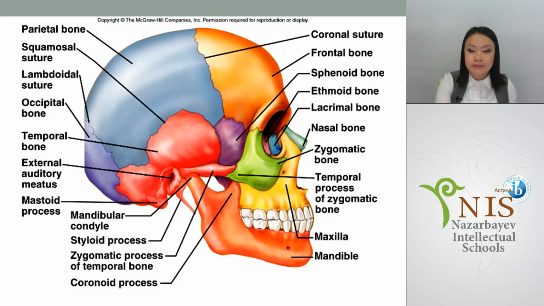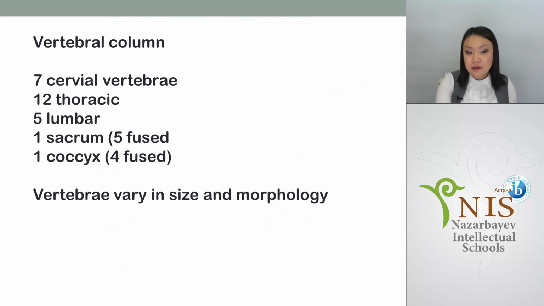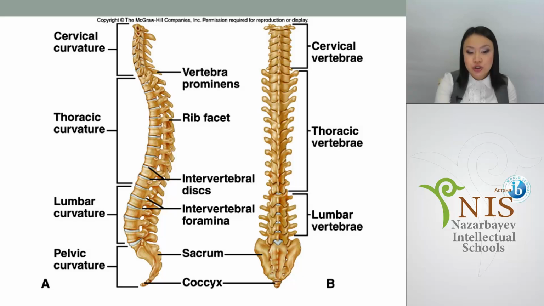In medicine, our students learn the human skeleton system like this, very deeply, but we don't need that. Vertebral column, you should know that it consists of basic parts: cervical curvature, then thoracic, lumbar and pelvic.